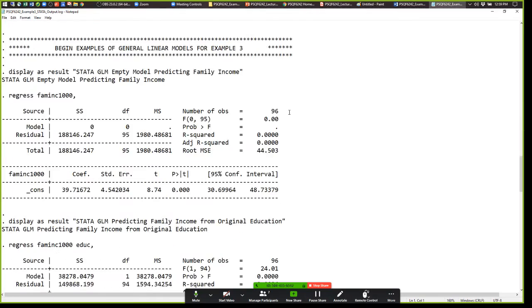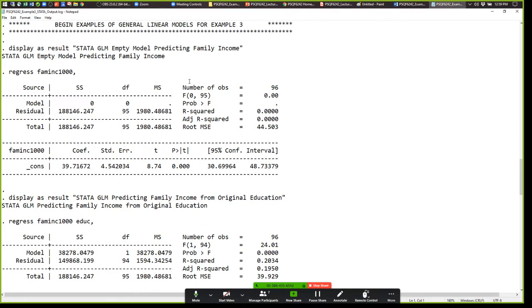So for instance, here is my empty model. Mean square residual, it's called in Stata. I like that word better actually, but SAS calls it error. There's my 1980, same relative place in the table. And then where it says intercept in SAS, it says underscore CONS. That stands for constant.